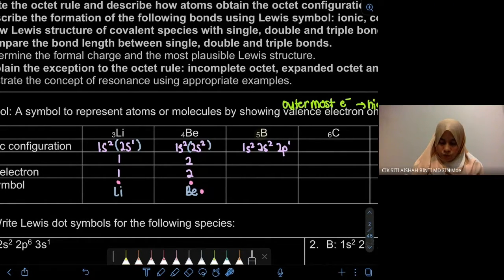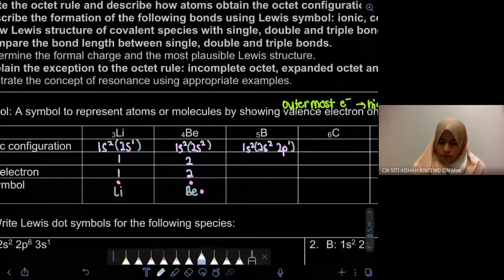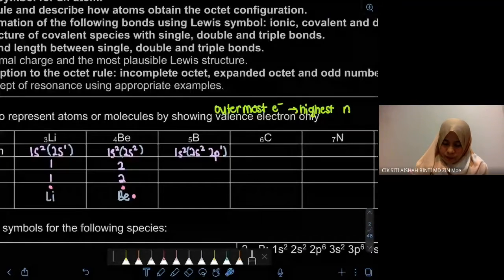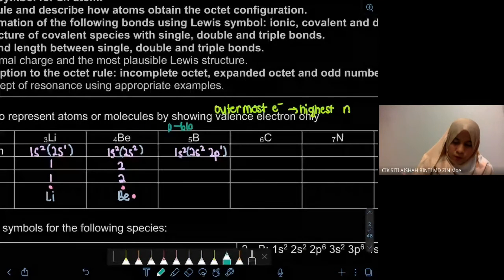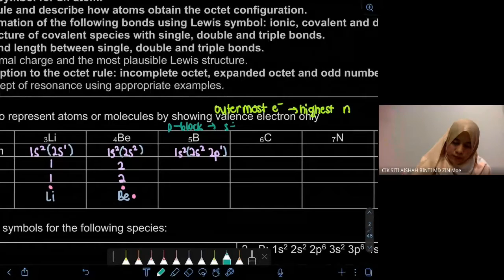Valence electron tu memang tengok the outermost shell, the valence shell tu. So here we have S dengan P. So remember, start dekat sini dah start kita punya P block. Start from boron ni P block. So nak tahu valence electron tu, kena tambah S dengan P lah.